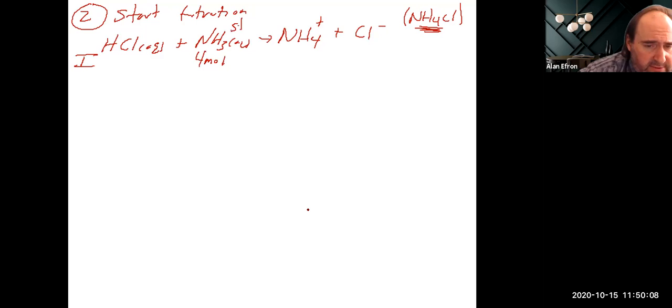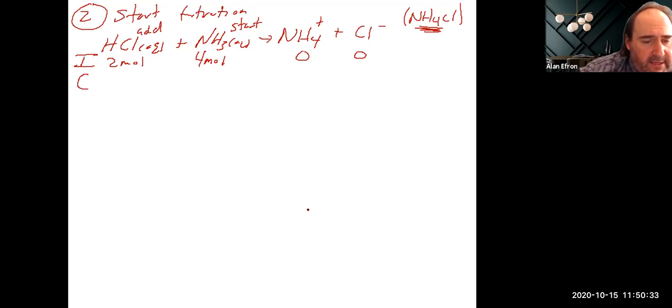This is what we're starting with, and this is what we're adding. Before the equivalence point, we should not have added enough acid to neutralize all of the base that was there, so our moles of acid should be less. We'll go with 2 moles here, 0 and 0.